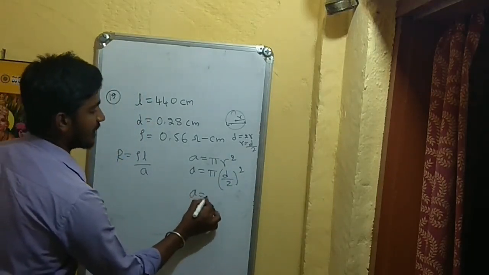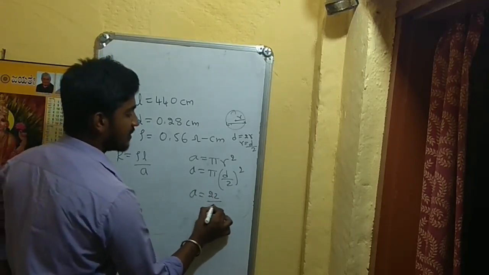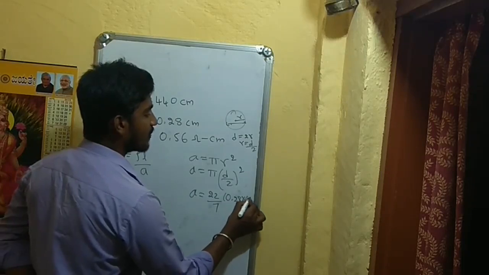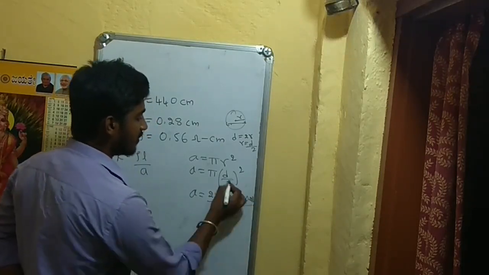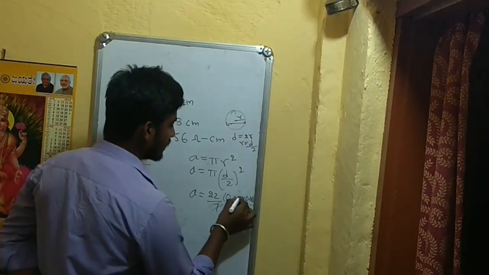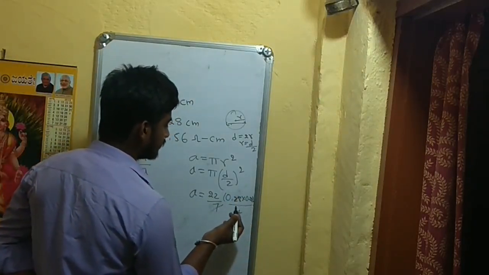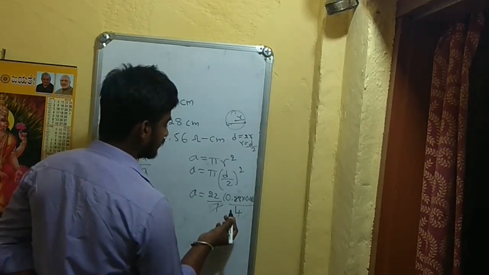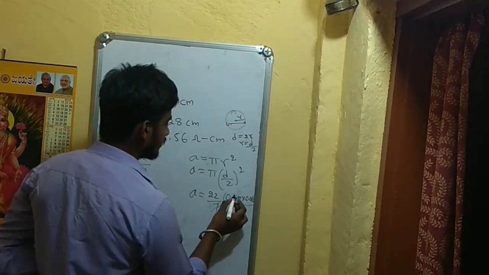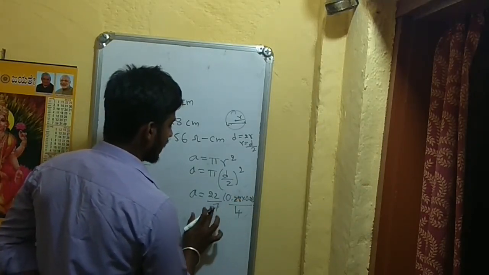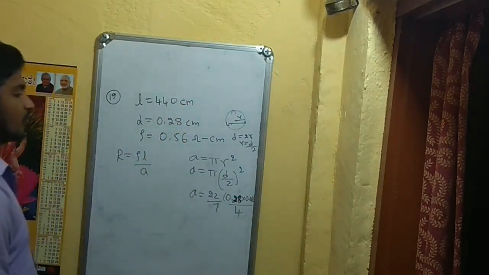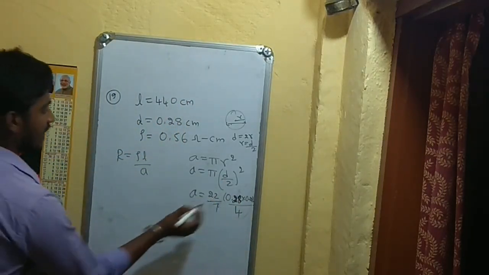Now the area will become pi, means 22 by 7, times 0.28 into 0.28 divided by 4. Okay, keep it as it is.